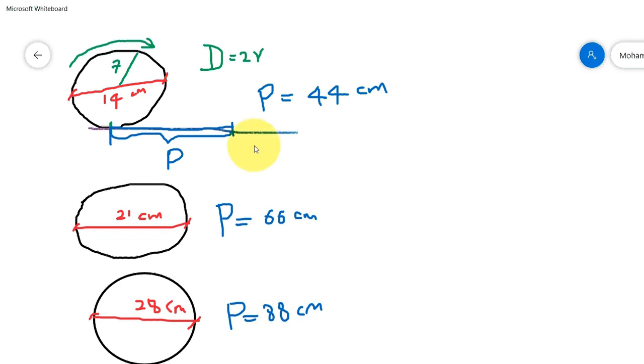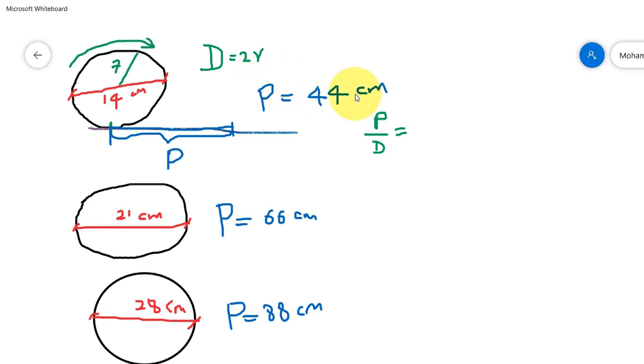In all the cases, I'm going to take the ratio between perimeter and diameter of the circle.